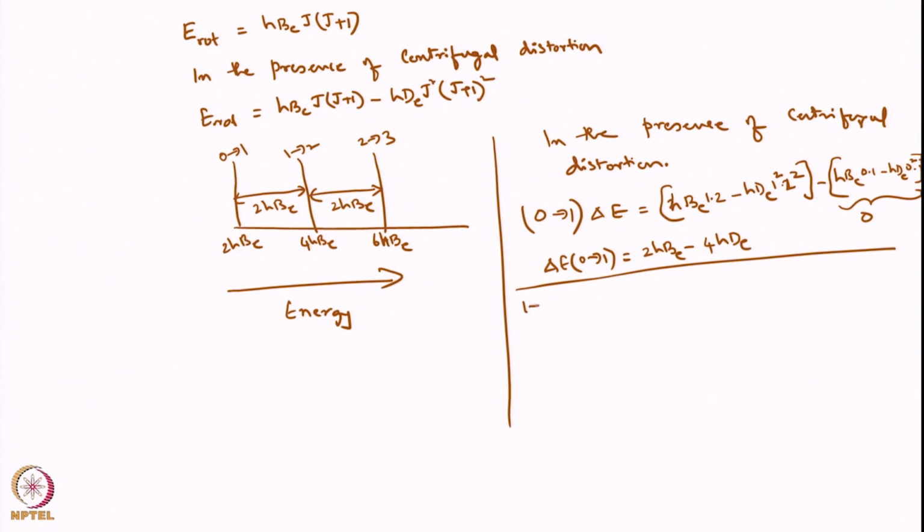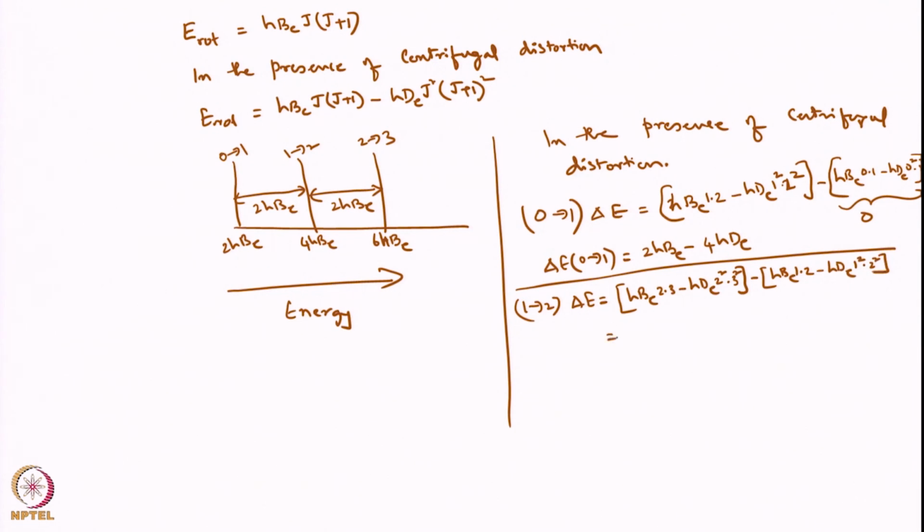Now, for 1 to 2, delta E will be equal to h B_e 2 into 3 minus h D_e 2 squared into 3 squared, minus h B_e 1 into 2 minus h D_e 1 squared into 2 squared.